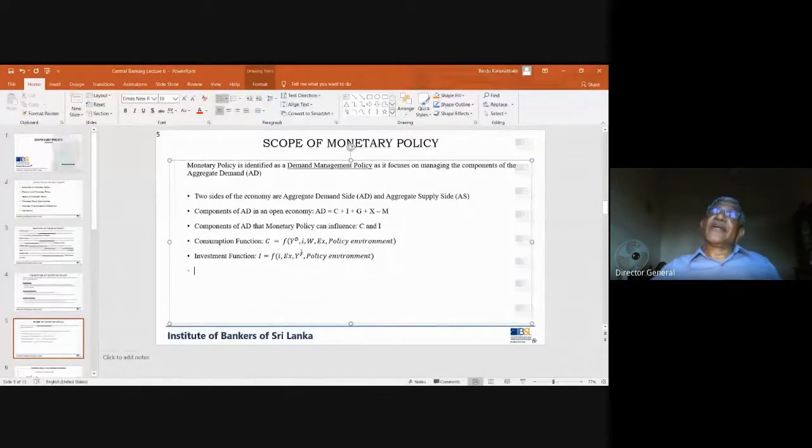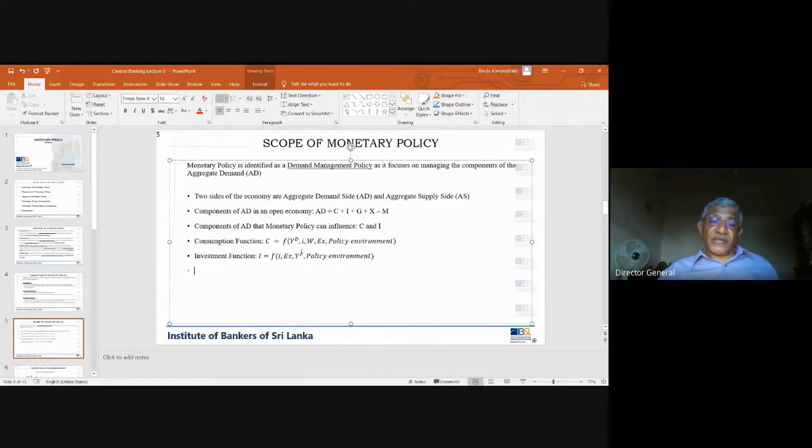And also, there is another index that the central bank publishes. Again, the statistics department. When we discussed the functions of the department, we said they also conduct the purchasing managers index. Actually, purchasing managers you can find in big organizations because they have to purchase.